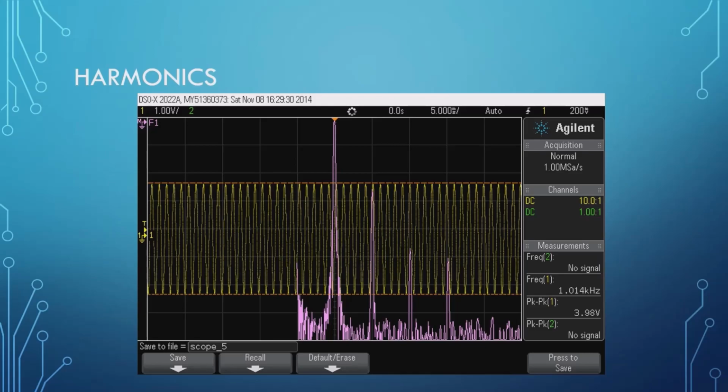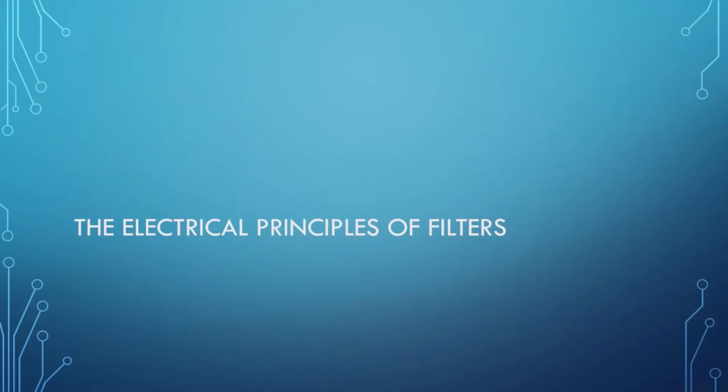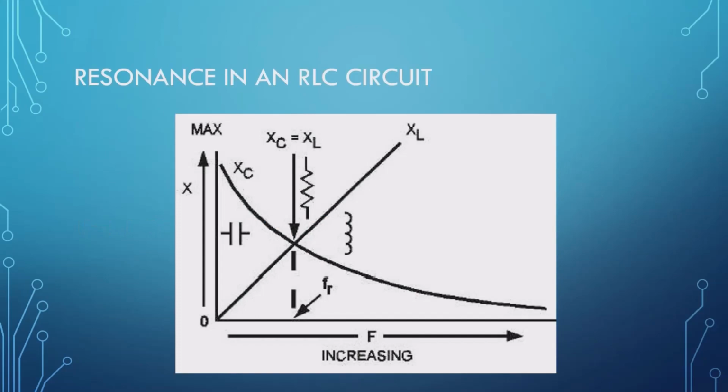What we're trying to do is drop them at least 3 dB below whatever we're putting out. How this works is the resonance between an inductor and a capacitor in frequency.